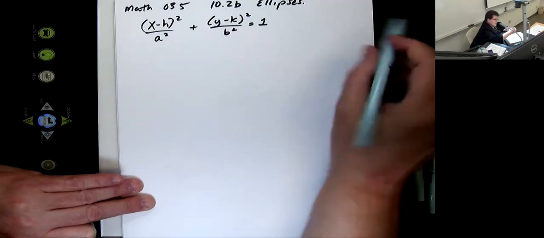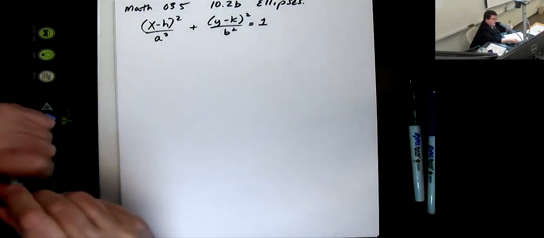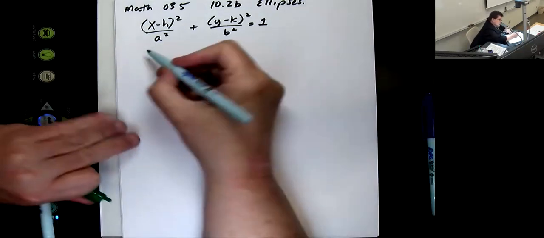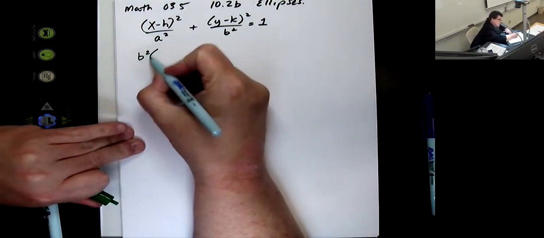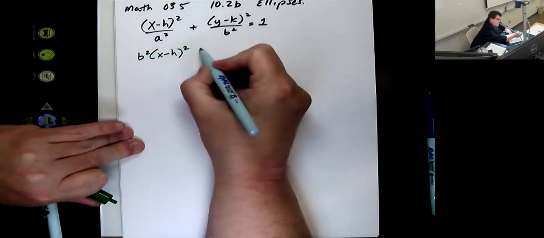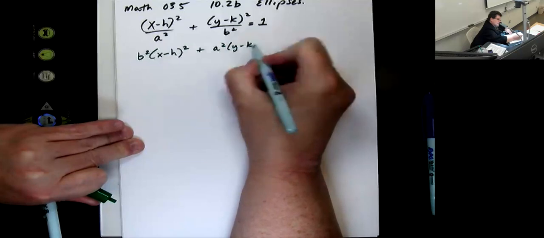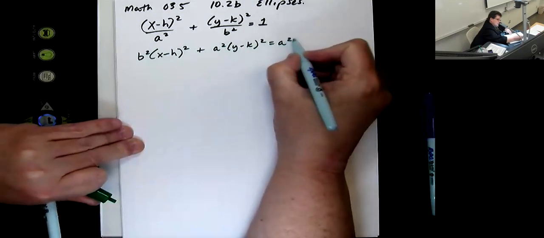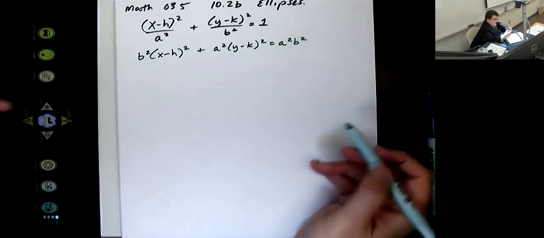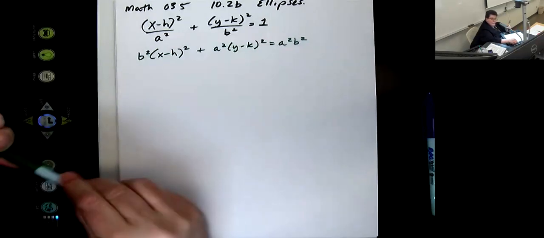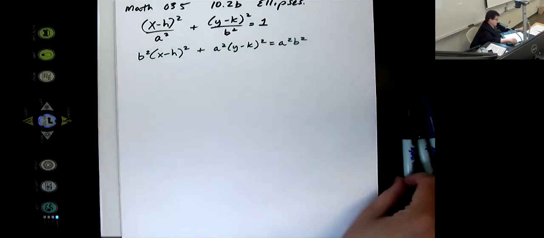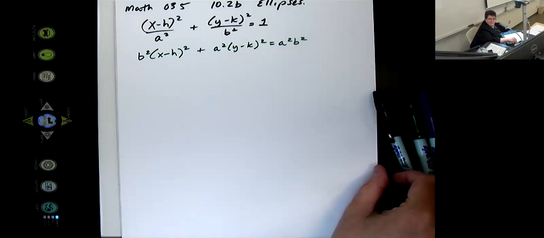I guess if we multiply through by a squared and b squared, it would look like b squared times (x minus h) squared plus a squared times (y minus k) squared equals a squared b squared. I don't think I've ever written it like that using letters, but it happens a lot.